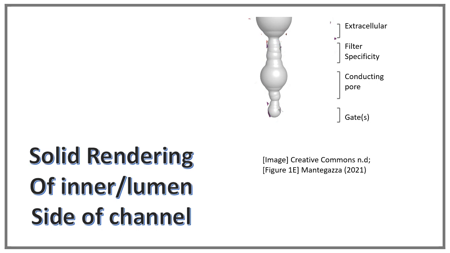There'll be a conducting portion of the pore. In other words, its function is neither to filter nor to collect, to draw ions in. And at the very bottom, in this particular channel, there'll be the gate that, when activated, will allow sodium, for example, to flow down its concentration gradient into the cell.